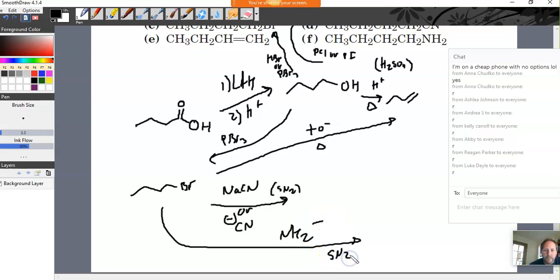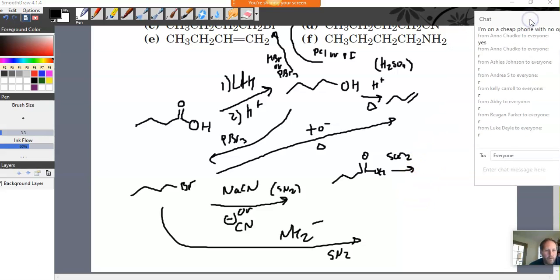That's an SN2. The other way is you can make this into an amide. You can make the carboxylic acid. So if you take the carboxylic acid, what I would do is make it into the acid chloride first, SOCl2. Acid chloride, then add ammonia to make the amide, and then take the amide and add LAH to it.